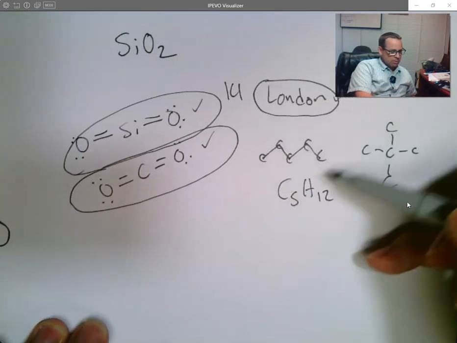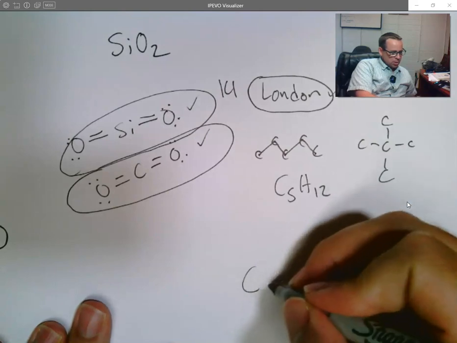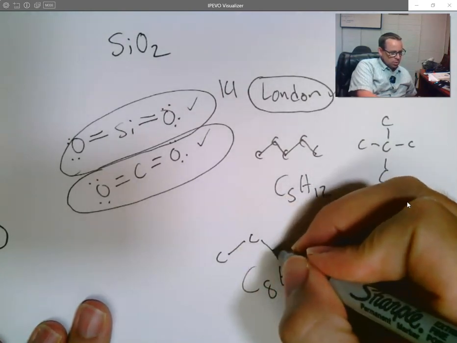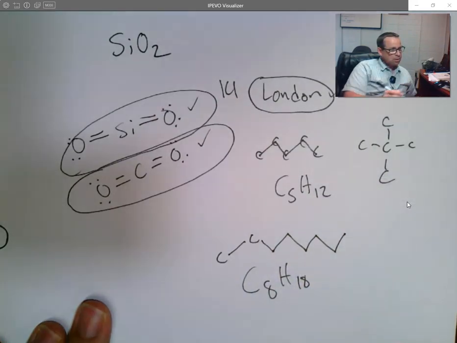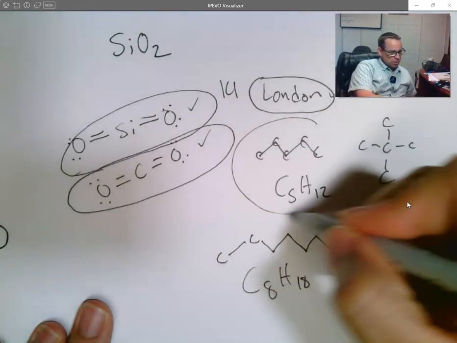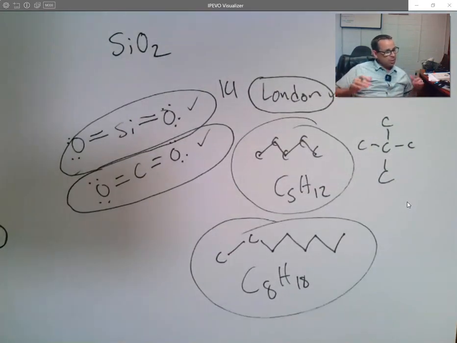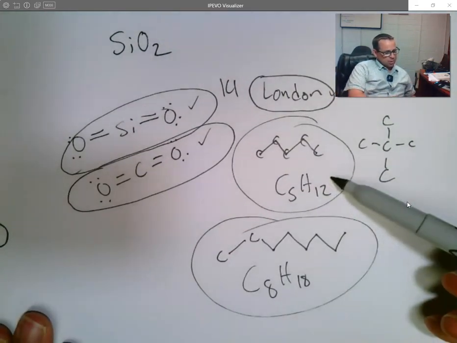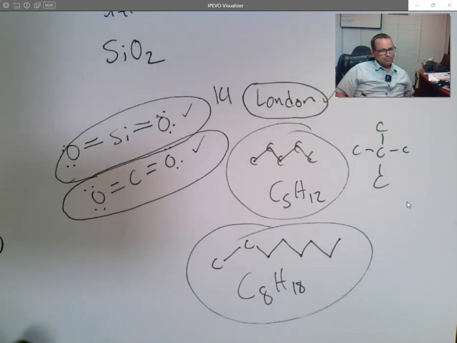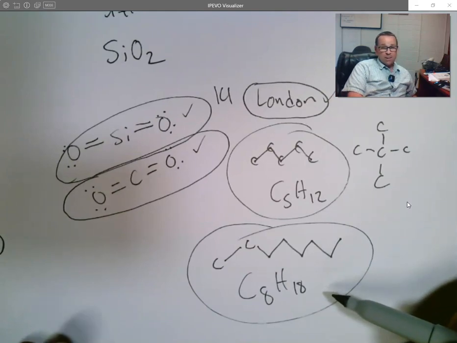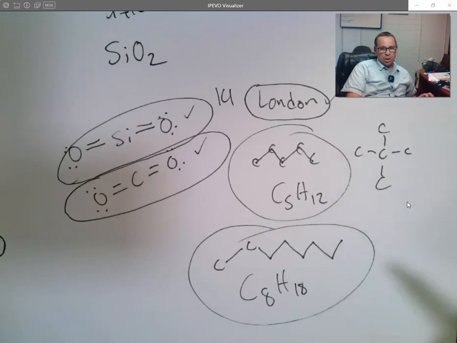We said C5H12 compared to, let's say, C8H18, carbon 1, 2, 3, 4, 5, 6, 7, 8. Brielle, which one of these did we say would have the greater amount of intermolecular forces? The pentane or the octane? That's the octane, that's right. And that was simply because it was a larger compound.